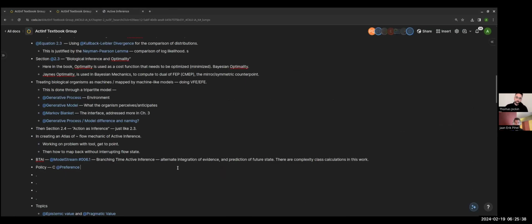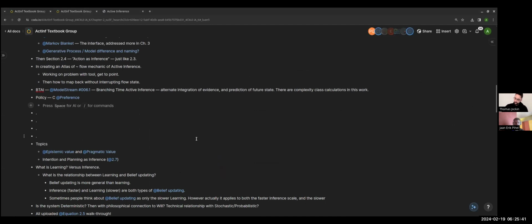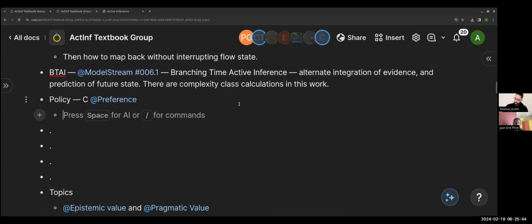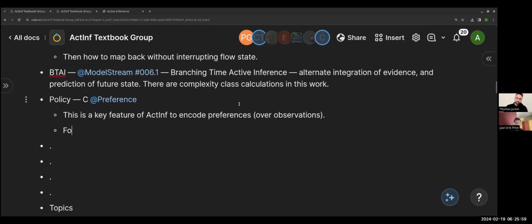So the preference variable is one of the key moves in active inference to encode preferences. For expected free energy, if we use the exact counterpart of equation 2.5, then we wouldn't need to incorporate any additional parameters to encode preferences. But the dependence on policies can be dropped from the pragmatic value term.